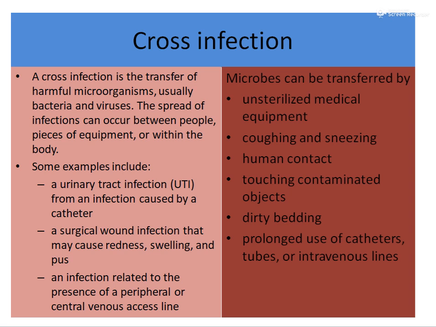All these cross infections are mainly caused by microbes, and they can be transferred by unsterilized medical equipment, coughing and sneezing, human contact, touching contaminated objects, dirty bedding, or prolonged use of catheters, tubes, or intravenous lines. All these could lead to cross infections.